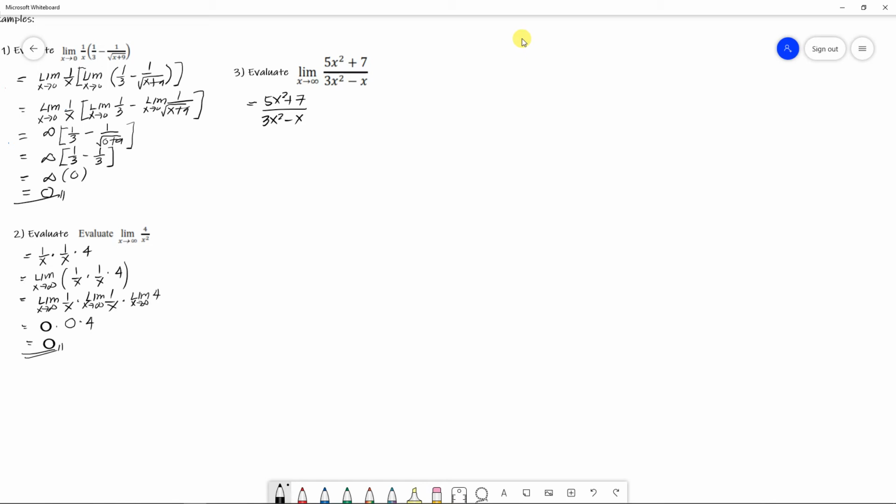Kasi by looking on the degree, ibig sabihin ng exponent ng bawat term. The degree of the numerator is the same degree on the denominator. Ibig sabihin, naka-second degree. Ibig sabihin ng second degree, the highest degree of the expression is 2. Dito may 2, may 1. So, 2 yung kukunin natin, both on the second degree. So, equal kasi sila, kaya improper siya.